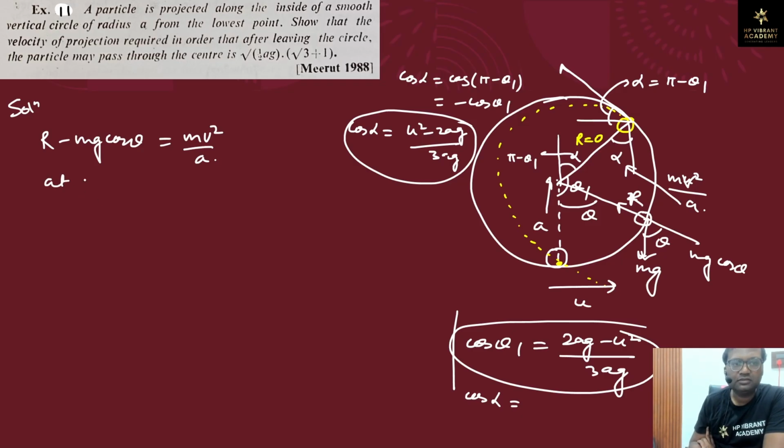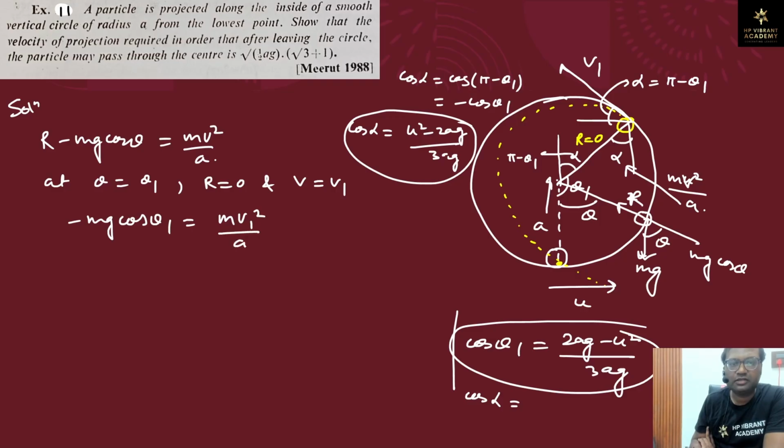So at theta is equal to theta 1, we have R is equal to 0 and v is equal to v1. So the velocity of the projectile is v1 at theta 1. So we have minus mg cos theta 1 is equal to m v1 square upon a. Minus of cos theta 1 is cos alpha. So mg cos alpha is equal to m v1 square upon a. So m gets cancelled, and we have v1 square is equal to ag cos alpha.